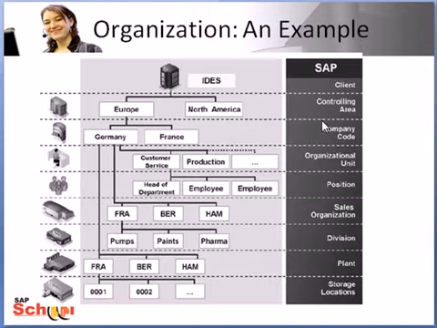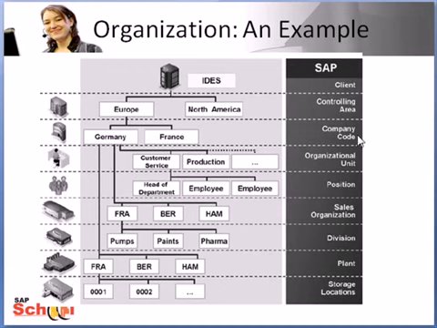So here is an example of how the SAP's organizational elements are set up to map on to a real company. At the top of the hierarchy, you have the client. The client is the highest level element of all the organizational elements. It represents the enterprise, the headquarters, or the main group holding company.